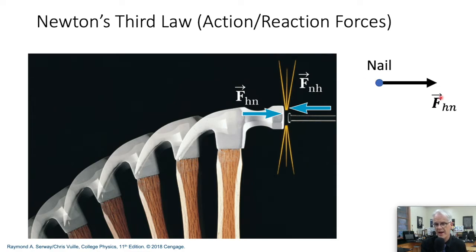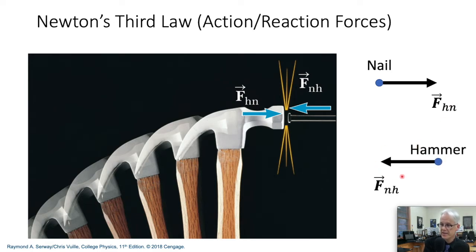According to Newton, as the nail is driven into the block by the force exerted by the hammer, which here we have as the force of the hammer on the nail, the hammer is slowed down and stopped by a force exerted by the nail.